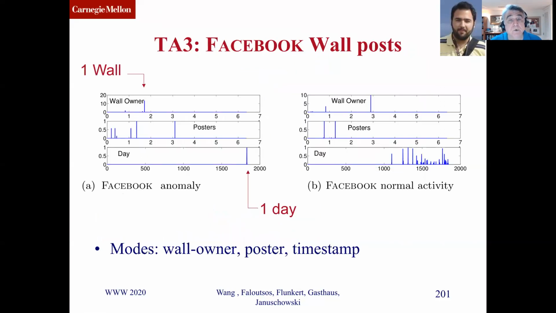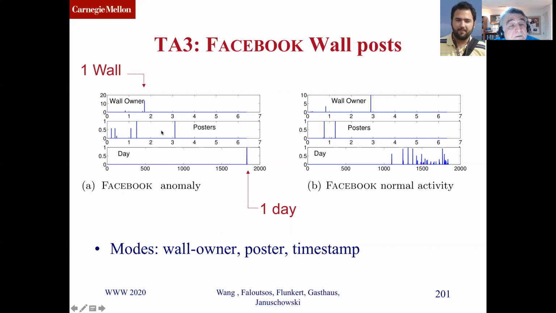The third data set was Facebook. So now the modes of the tensor were: the wall owner, the second mode was the person who posted on this wall, and the third mode was timestamp. So this is one of the triplets, one of the hidden variables. Among the several thousands of customers, there was only one wall owner.